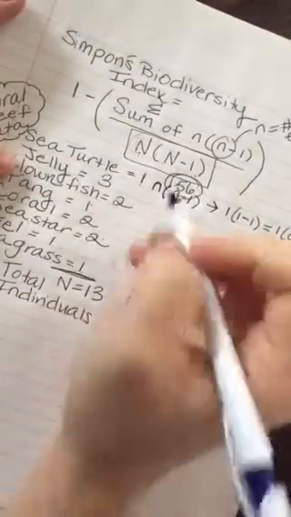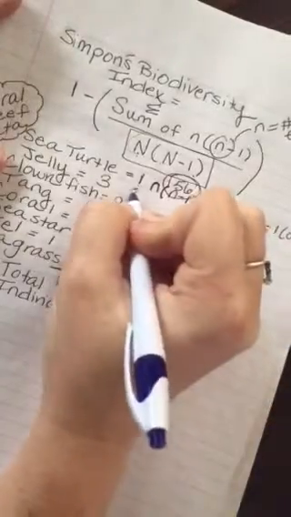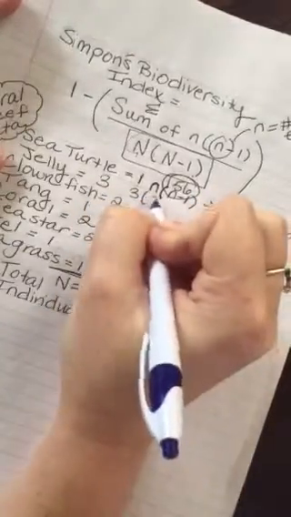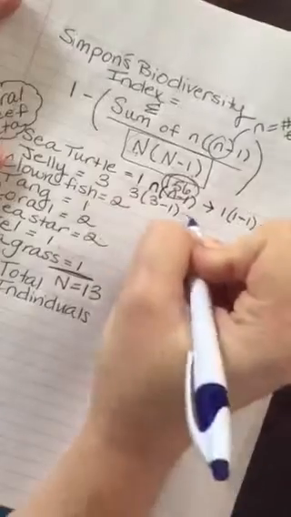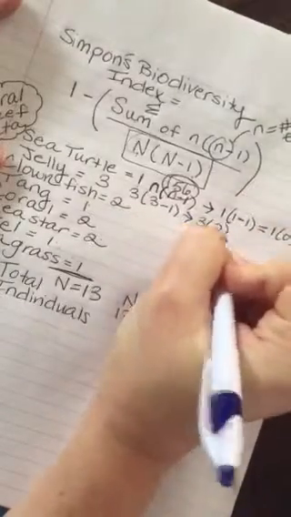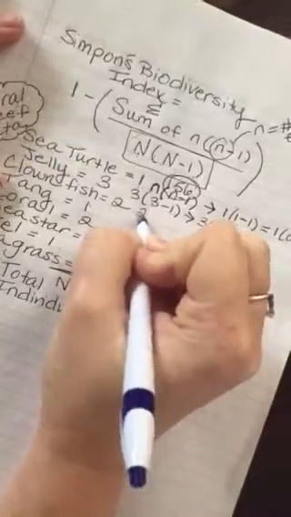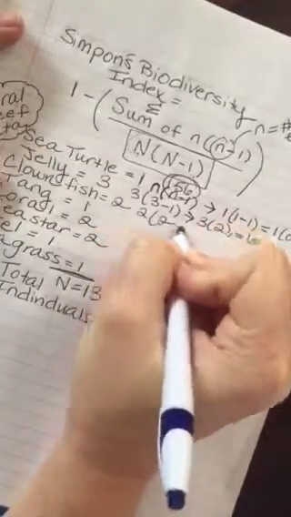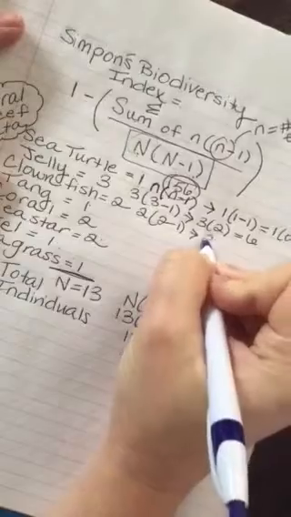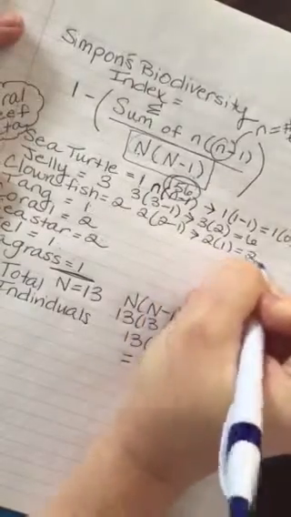Now let's do that for our jelly. We've got 3 times 3 minus 1, 3 times 2, which equals 6. Our clownfish, 2 times 2 minus 1, that's 2 times 1, 2.